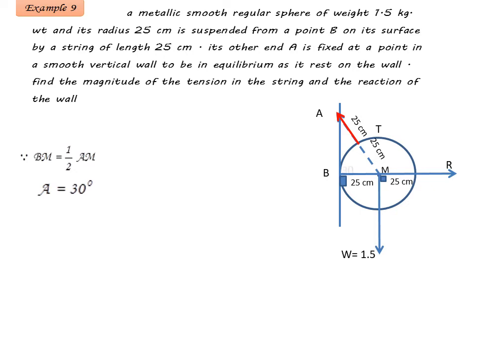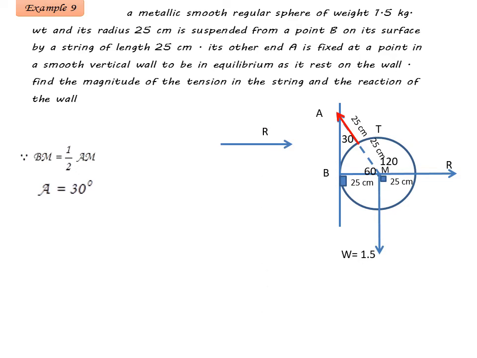This is a right angled triangle, so angle A equal 30 degrees. If we have a triangle with 90 degrees and 30, the third angle will be 60. Here BM is a straight line, so I can find the adjacent supplementary angle, which is 120.